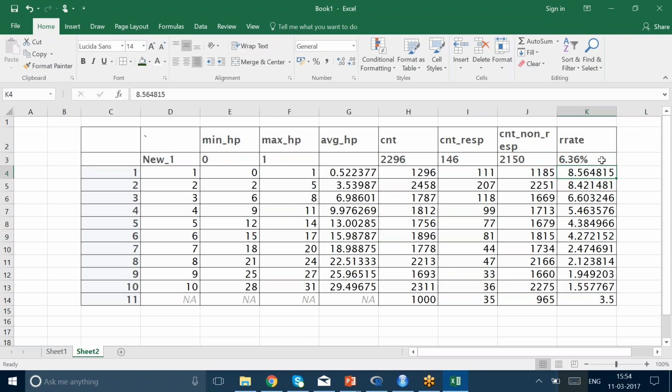Because in that segment I see better response. So clubbing this with 0 segment is wrong.